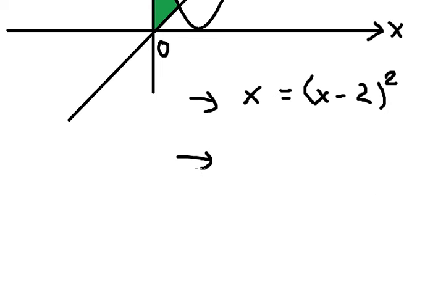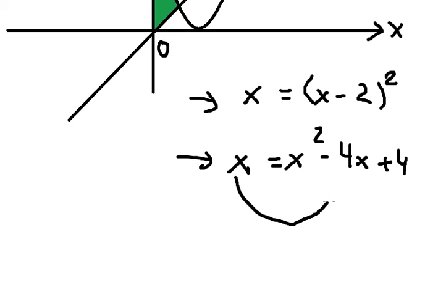Now we need to expand this one. So I will put this one on the right. So we have negative 4, negative 1, we have negative 5x.